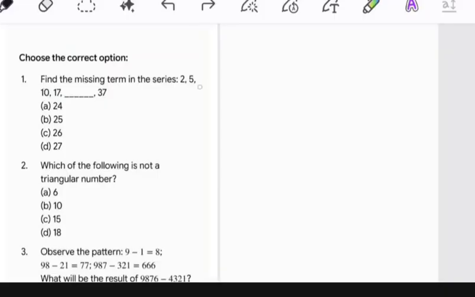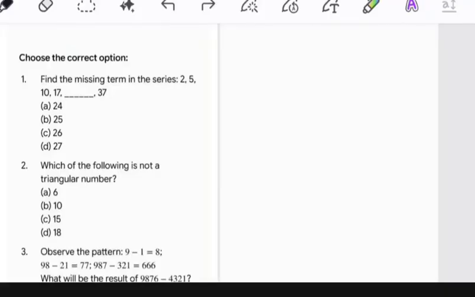Again, 10 minus 5 is the difference, 5. 17 minus 10, we get the difference of 7. So thus we can go as adding consecutive odd numbers each time. Here the rule: the difference between consecutive terms increases by 2 each time.